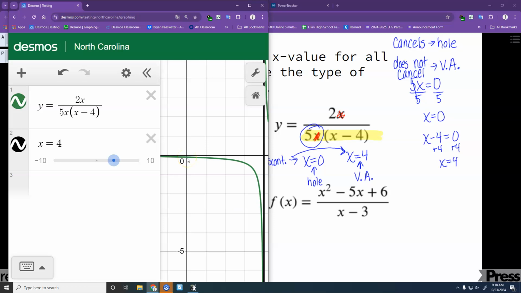At 0, oh look, I got it first try. If I click at 0 right here, it says undefined, there is a hole. It's a little easier to tell on the graph if you already know where it's supposed to be, because you can just point there and click. If I've got to go like this, it makes it pretty hard. Like I did see it right there, but just for a split second, right? So if you know where it's supposed to be, it makes it a little easier to find. Okay, questions?